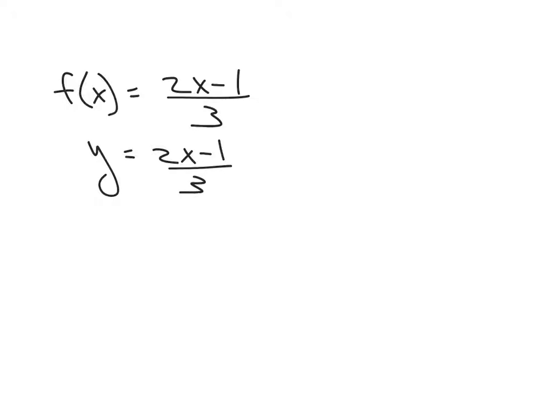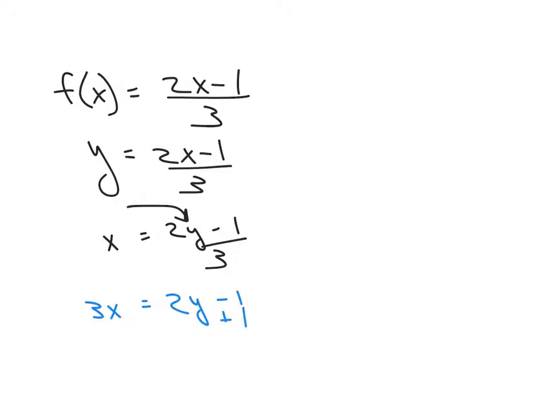Step 2, interchange x and y in the equation. Again, not rocket science. Okay, step 3, solve the new equation for y. Okay, a little bit more, but not quite rocket science. So I multiply both sides by 3. I add 1 to both sides. Divide by 2, and I get y equals that.